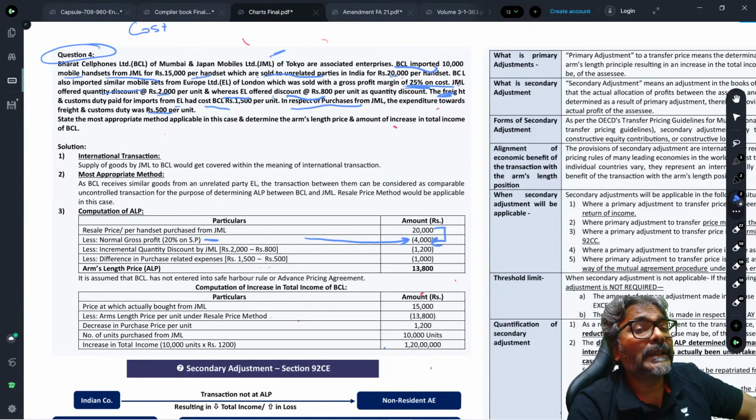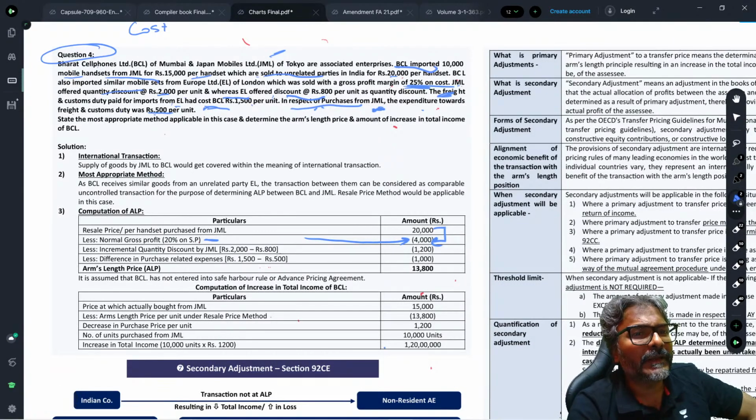The freight that they have to incur was 1,500. Whereas in the case of JBL, the freight that they have to incur is 500. So this is less, whereas this is more.